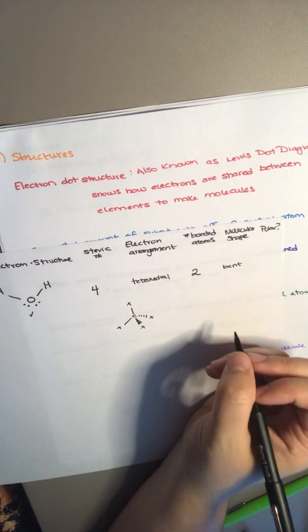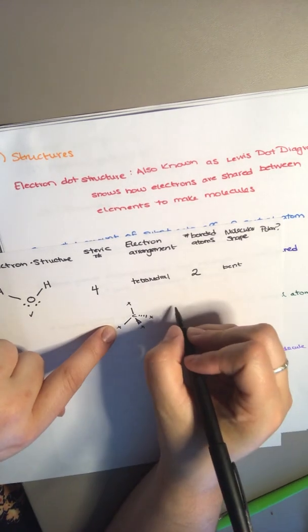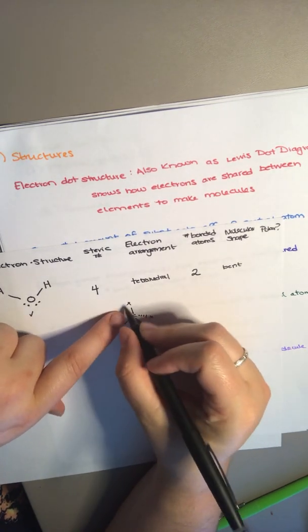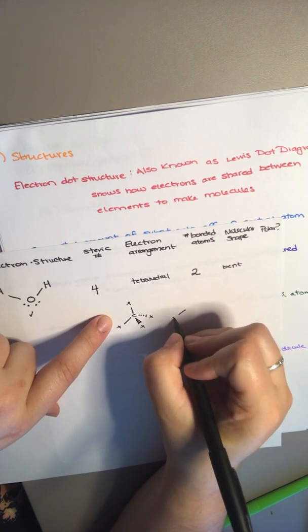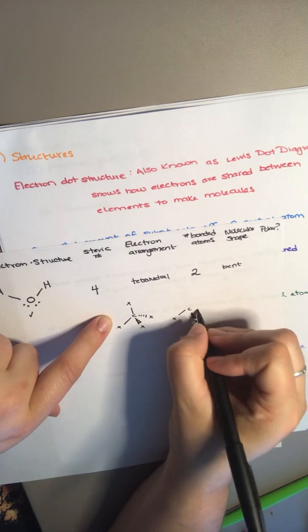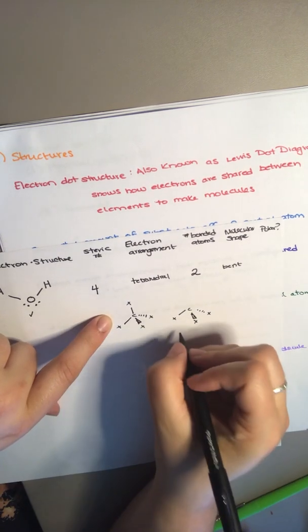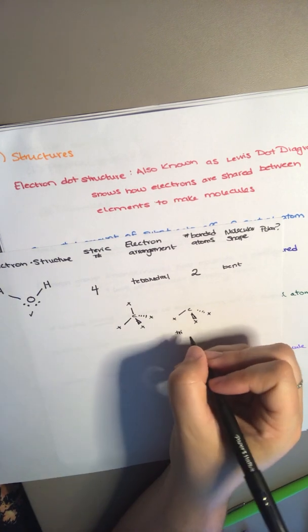And I'll put a carbon in the middle, why not? So this would be a tetrahedral. And then if we got rid of one of those groups, so if I made this into a lone pair, we would then have this structure, which is called trigonal pyramidal.